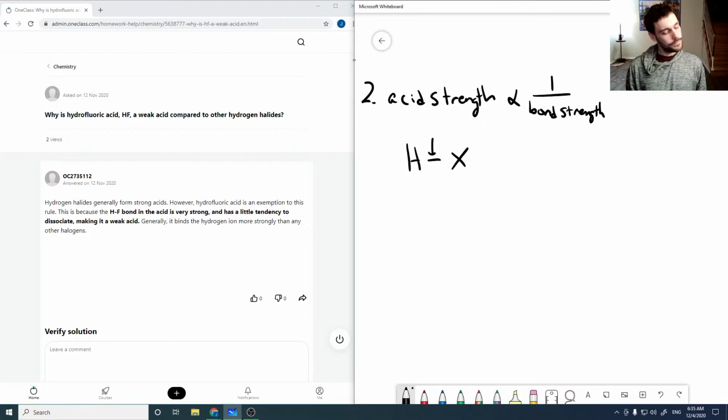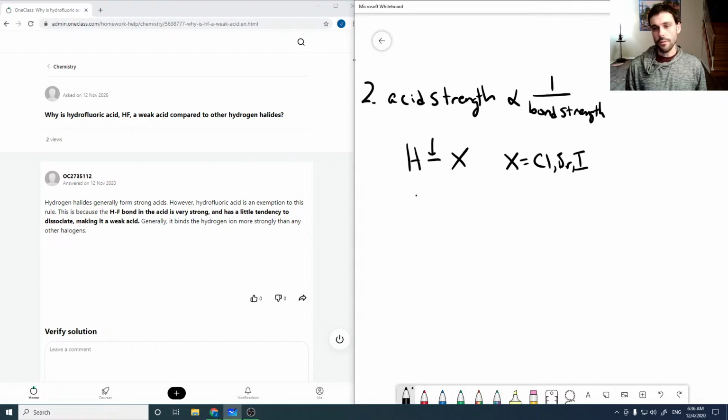So if X is chlorine, bromine, iodine, then that bond is sufficiently weak and it breaks very easily when you dilute it in water, and so you get the hydrogen coming off, and you basically get complete dissociation of the acid.